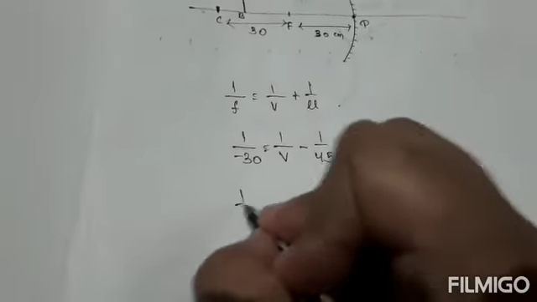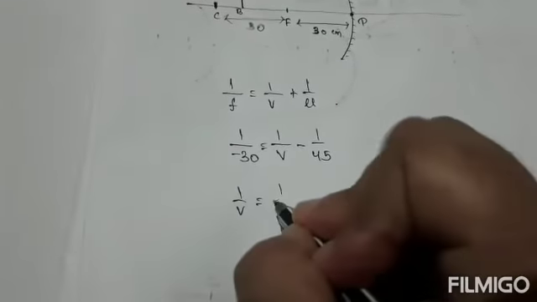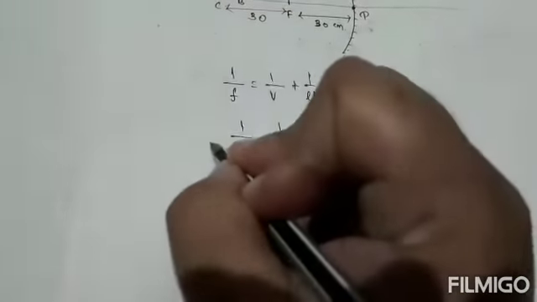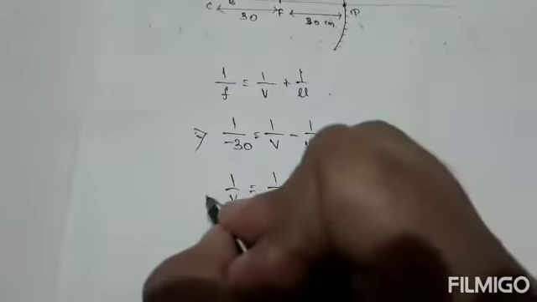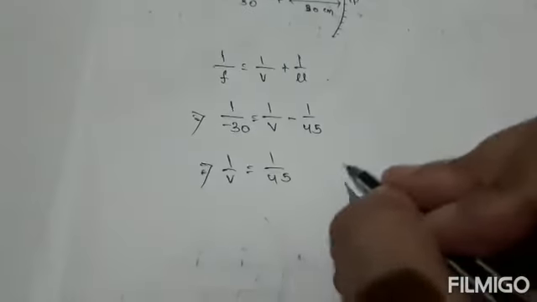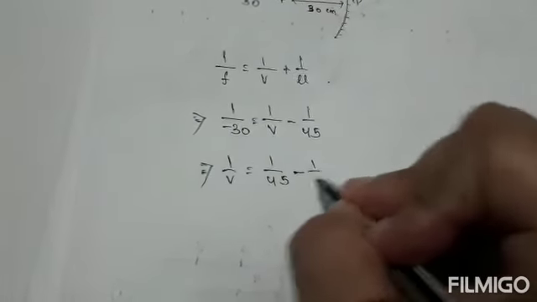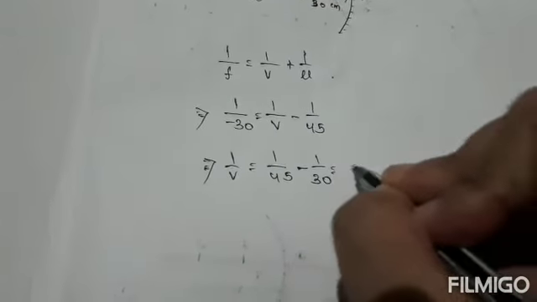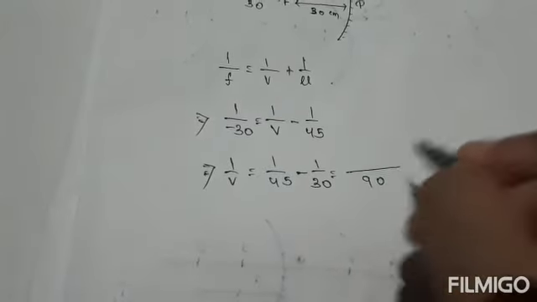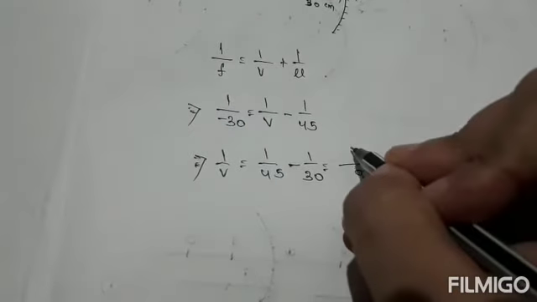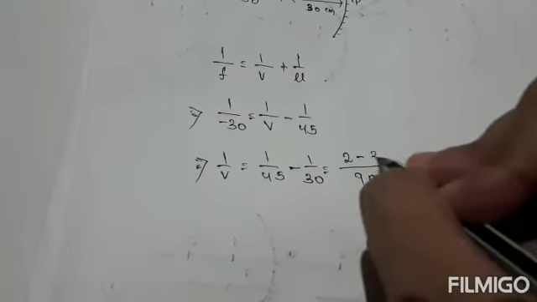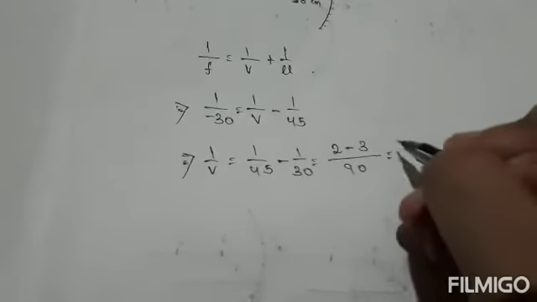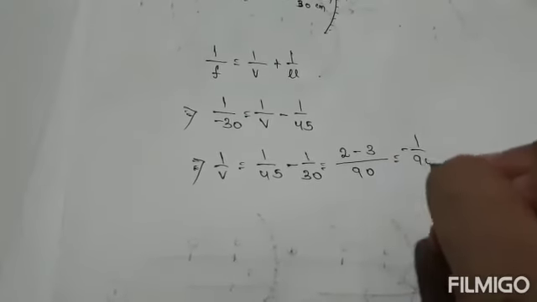So 1 by v equal to 1 by 45 minus 1 by 30, take LCM, that is 90. So 2 minus 3, so minus 1 by 90.